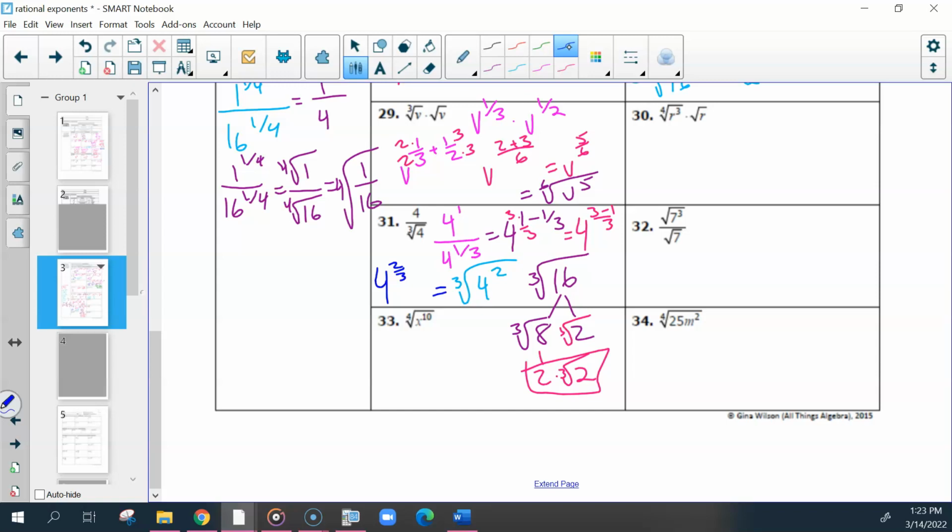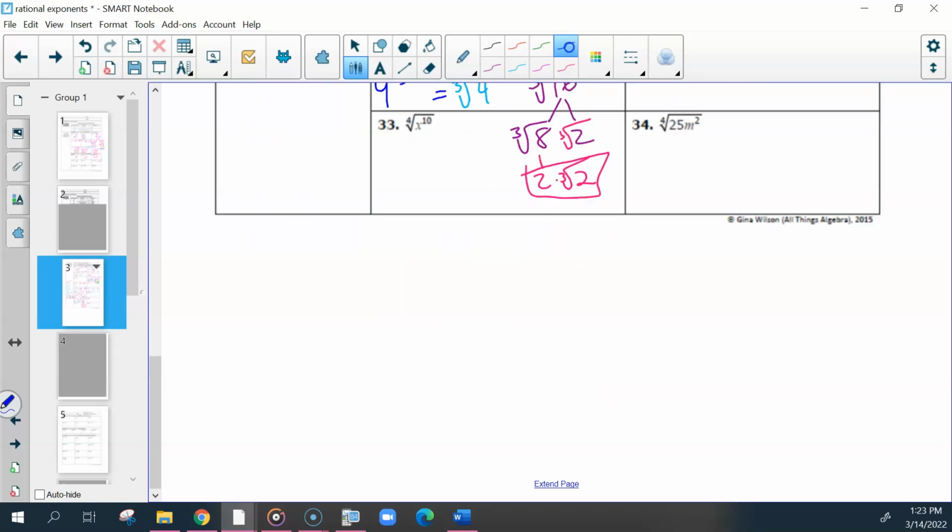34 will be our last one. So for 34, we're going to go ahead and write this as exponents first. We have 25m squared all to the power of 1/4. We're going to take this step by step. We need to multiply the 1/4 to everything inside, so that would be 25 to the 1 times 1/4, m squared to the times 1/4.